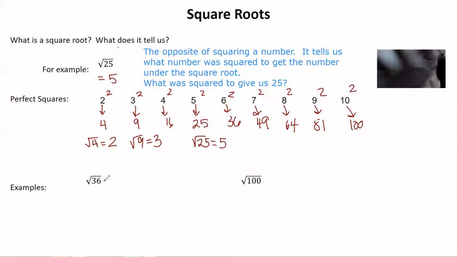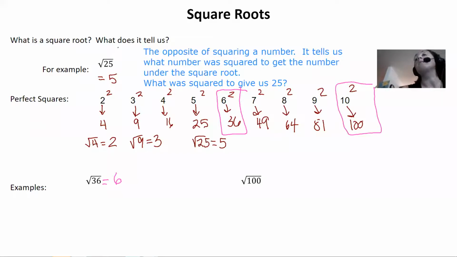So the square root of 36, over here we can see that 6 is what was squared to give us 36. So the square root of 36 is 6. And 100, over here you can see that 10 was squared to give us 100. So the square root of 100 is 10.